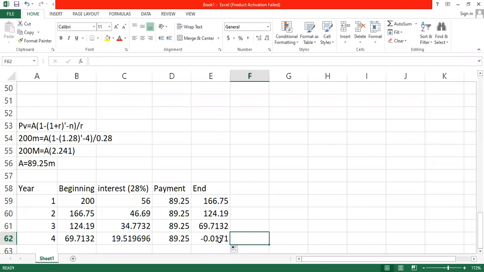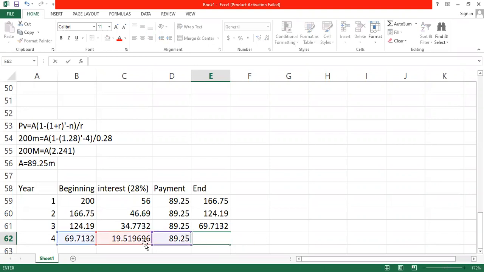So what you do is that you see the difference over here, write it off against the interest. Reduce the interest by that amount so that at the end of the day you have zero, because at the end of the 4 years you should finish paying the loan.